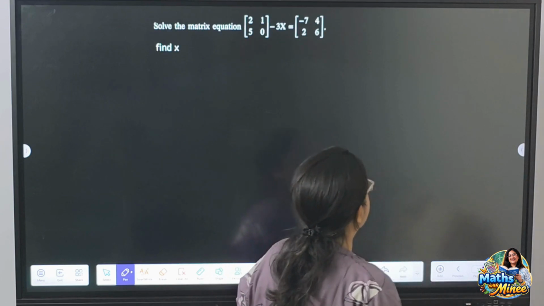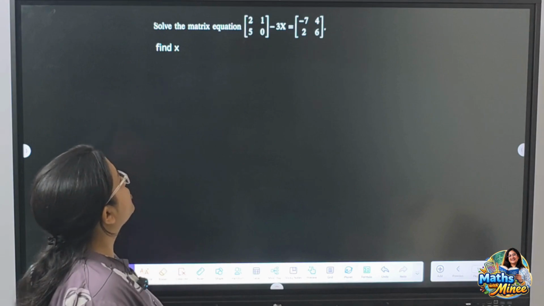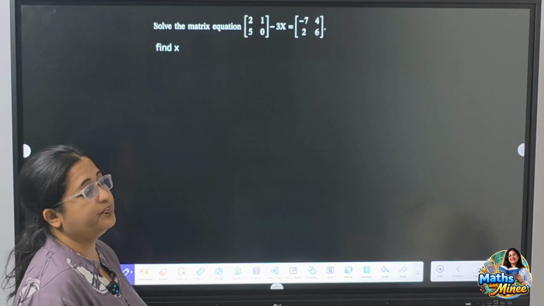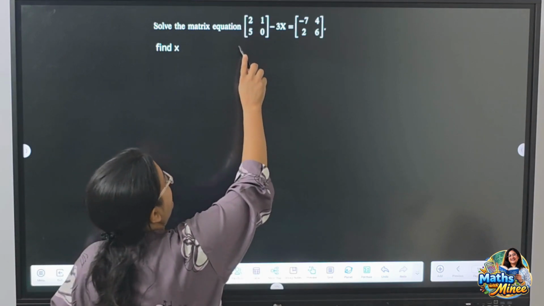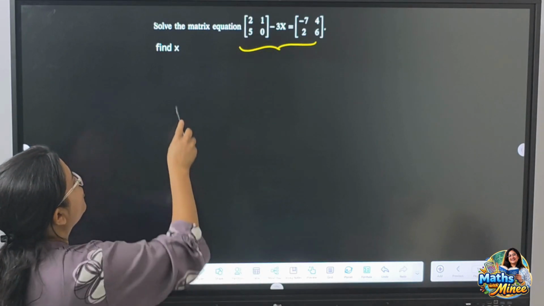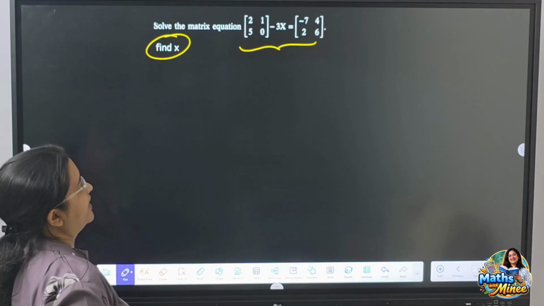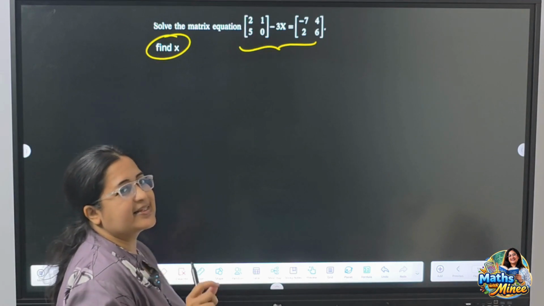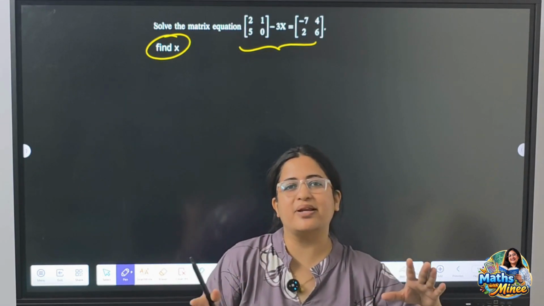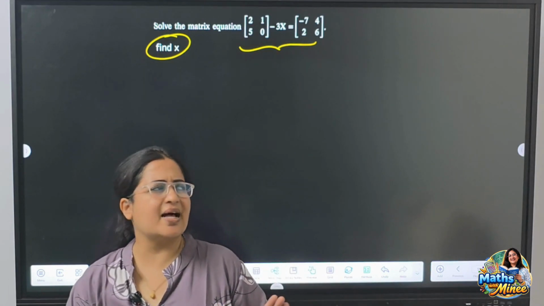Let us check the next sum. Now see, here we have to solve the matrix equation. This is the equation they have given to us, and we have to find the value of x. It's a simple equation like what you solve in algebraic equations.